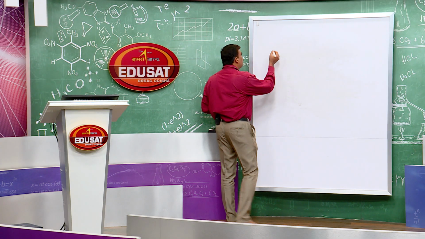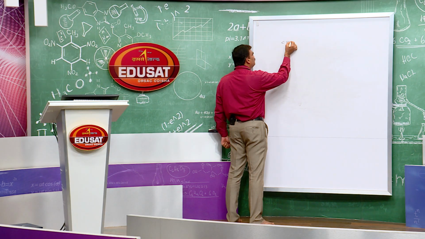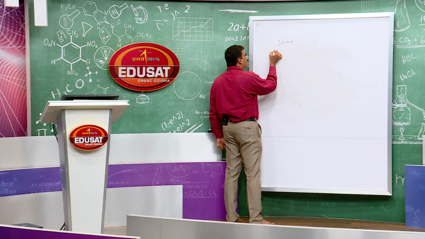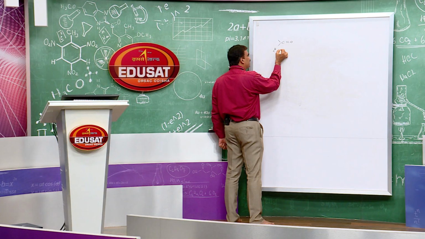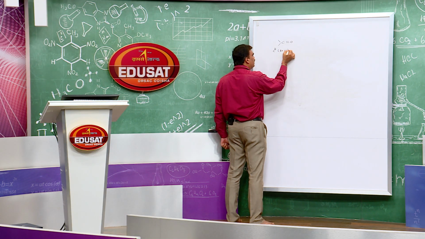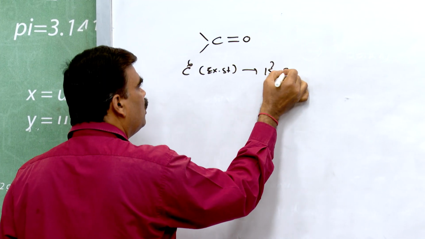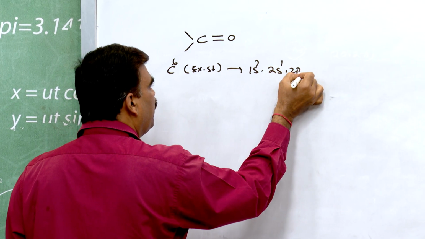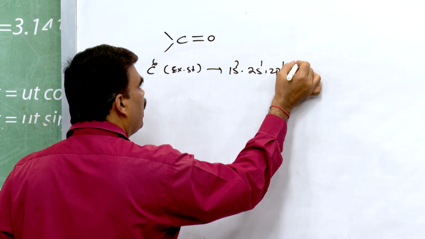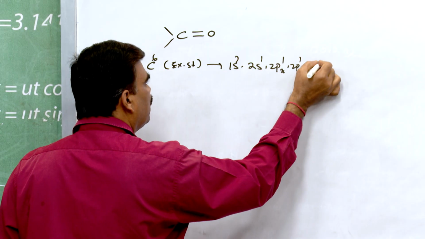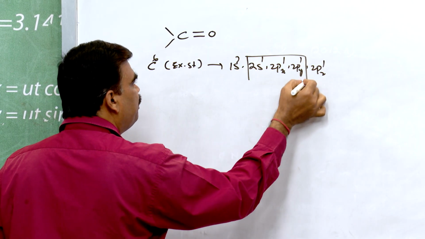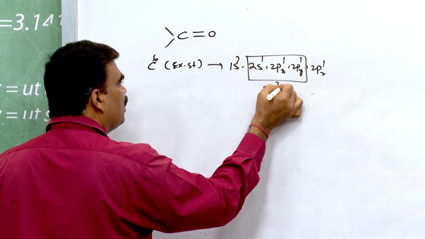So, in a carbonyl compound, this is the general structure of a carbonyl. You know, carbon atomic number is 6. Its excited state configuration is 1s2, 2s1, 2px1, 2py1, and 2pz1. That means it undergoes sp2 hybridization.